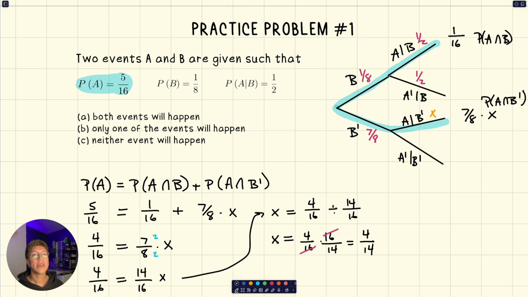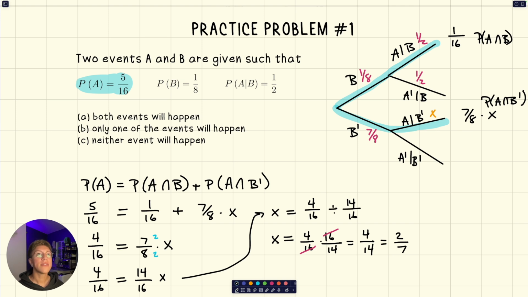And so we say that this one here is equal to 2/7, like that. So we've solved for x, and keep in mind that x is this probability A given B naught. So this is 2/7.